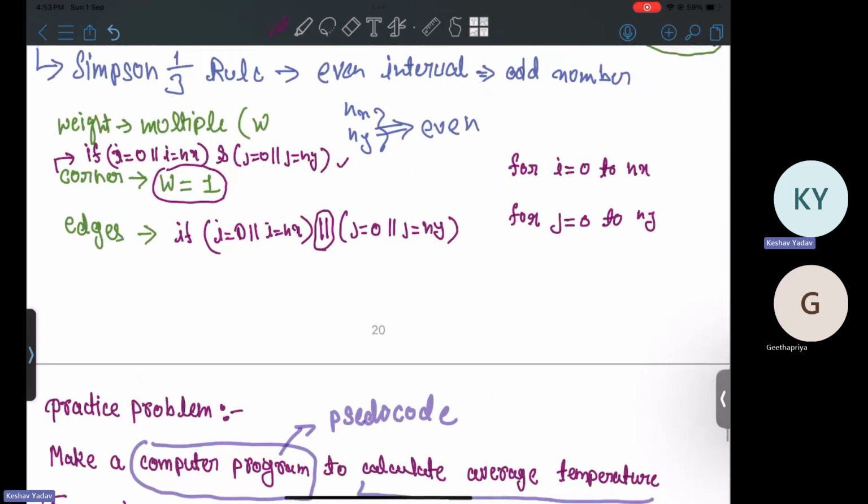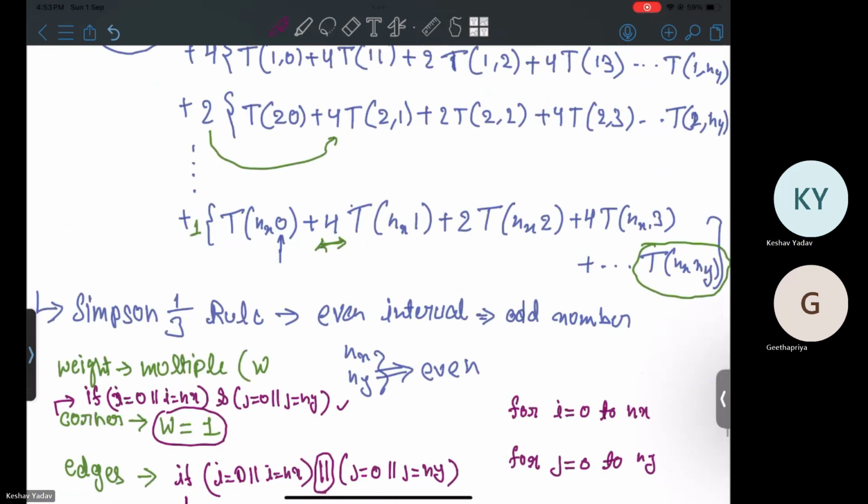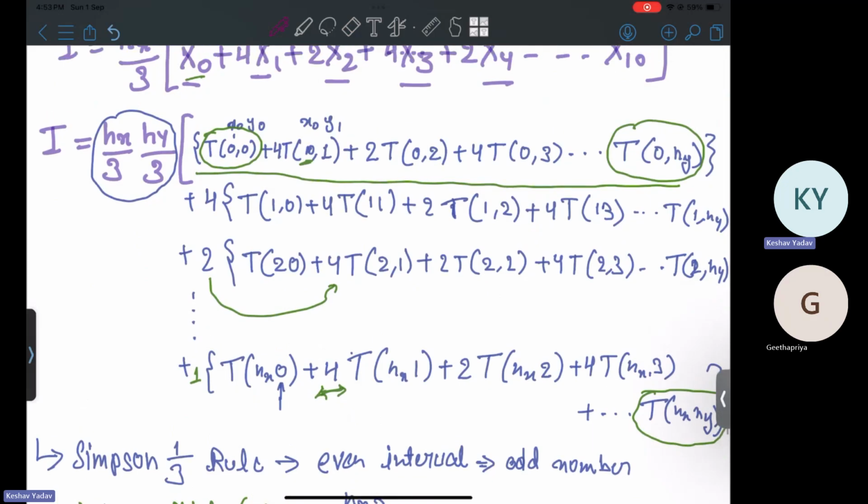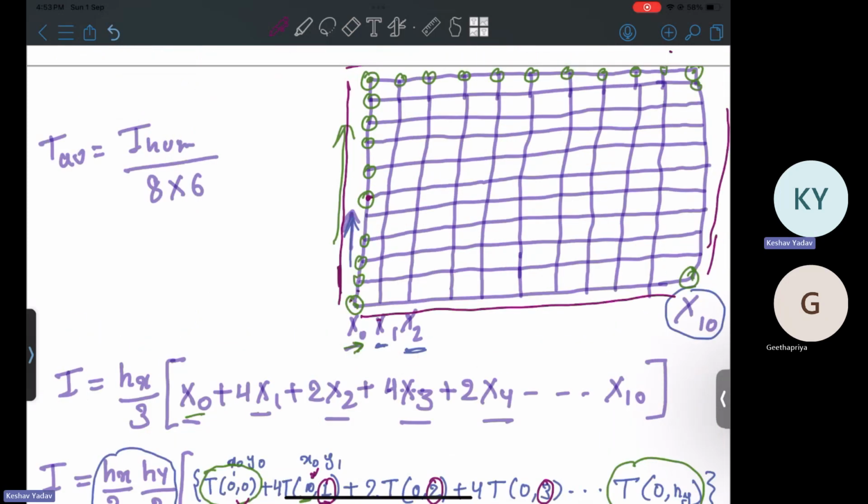So if this is satisfied, then here two conditions are there. If you see here, this is one of my edges. So the first term is defining the edge. The second term is the other point. These are the other points at the edge, that define the edge.